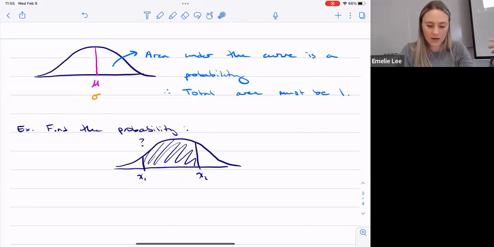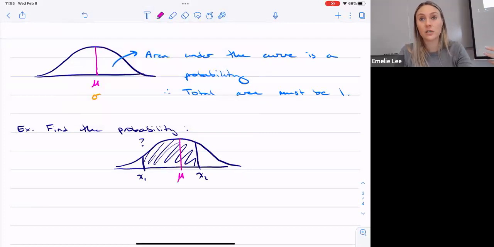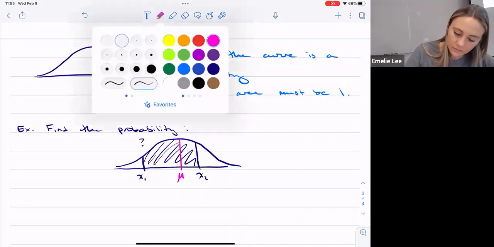But notice how it would depend on what the mean is and what the standard deviation is. So what we have to do is we have to standardize these scores first, and then we can use the standard normal table. Okay. What do you mean when we say standardizing things?